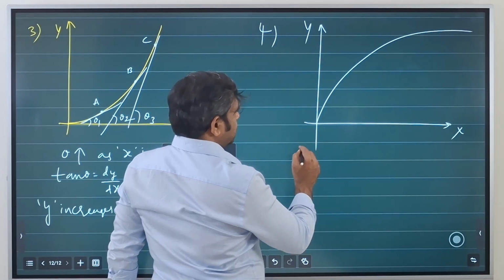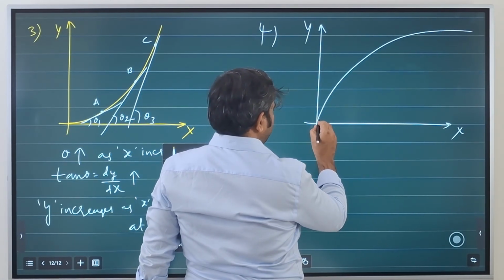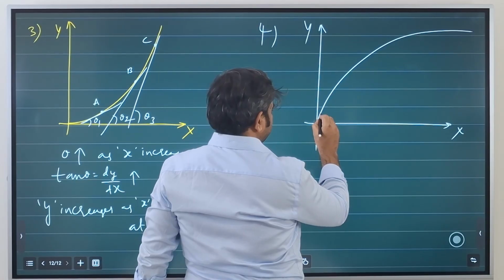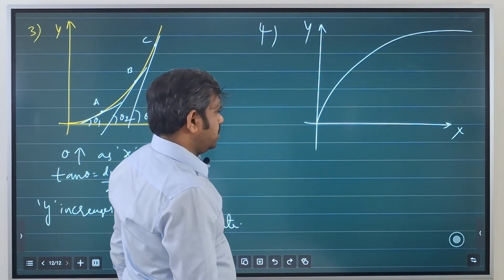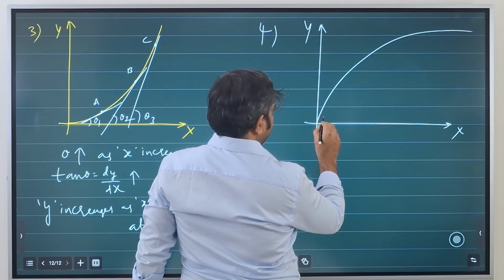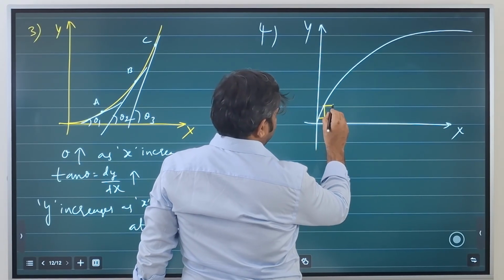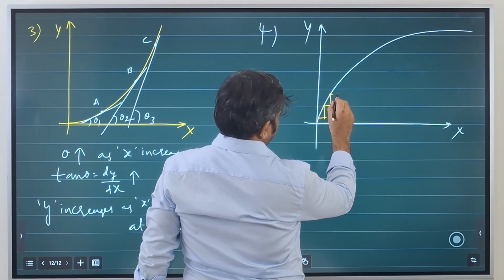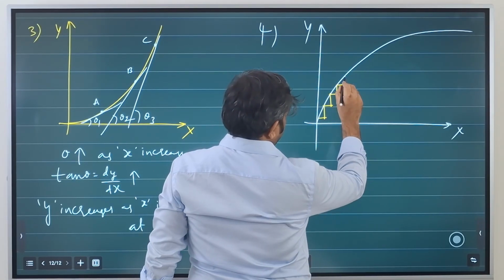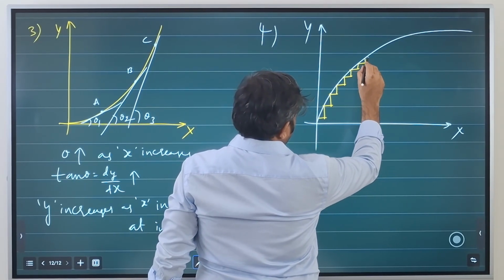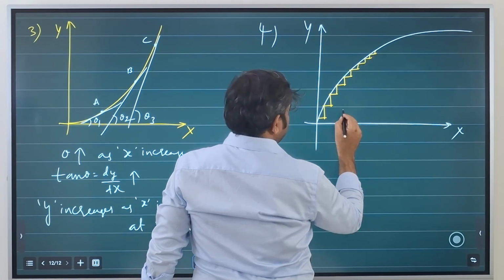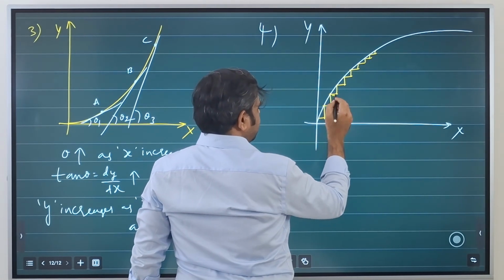Okay, look at what is happening to height as you are taking steps. Imagine this to be a hill that you are climbing up. For every step, look at the change in the height. Initially, change in the height is large.